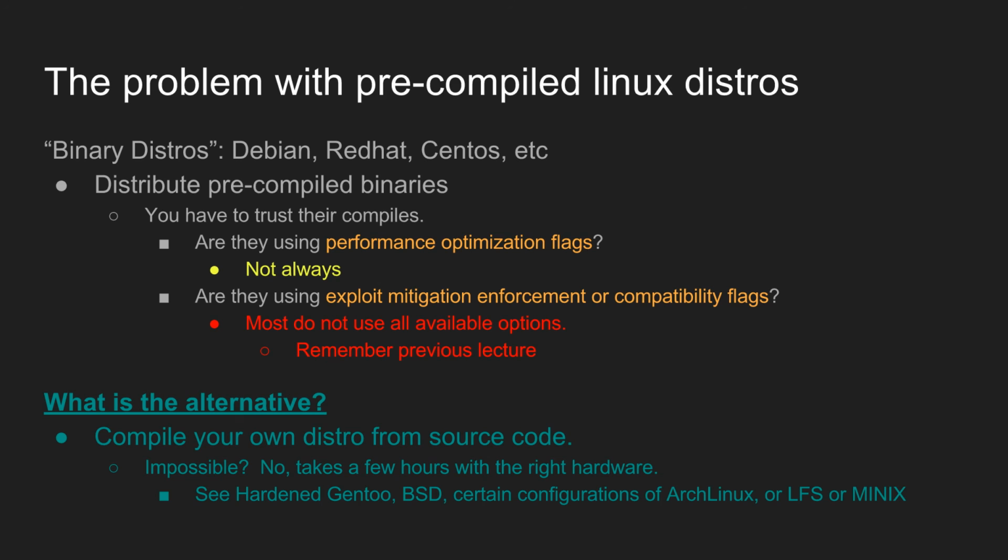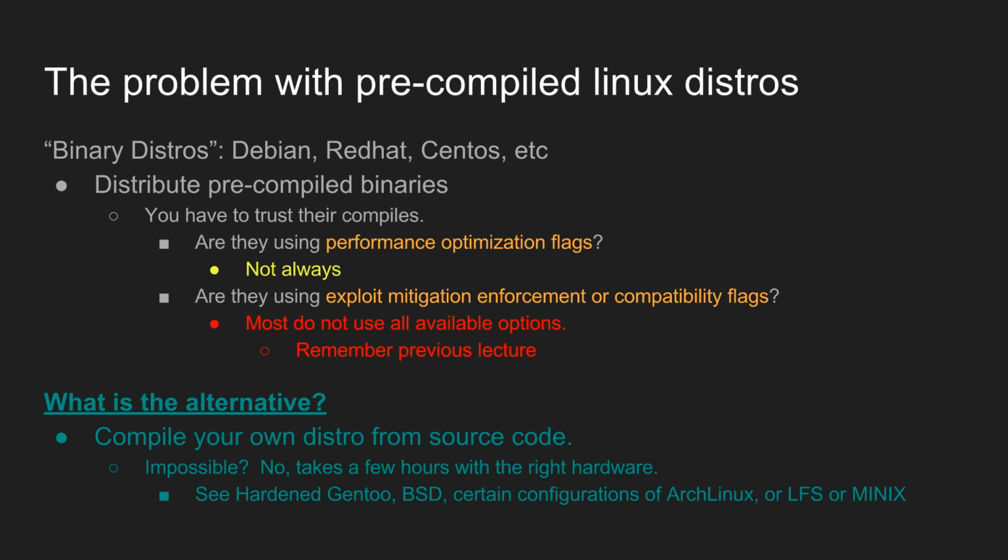And my finding is, are they using performance optimization flags in their compiles? They're not always. But what's worse is, are they using exploit mitigation enforcement or compatibility flags? And the answer is actually most of the time they do not use all the available options, even when it costs them nothing in performance.